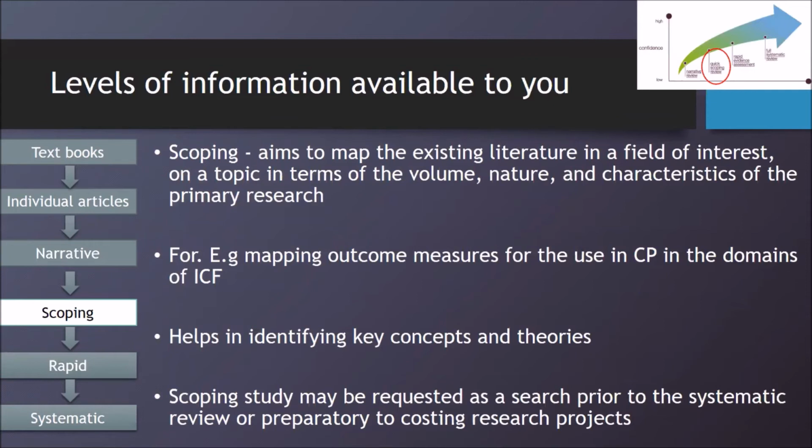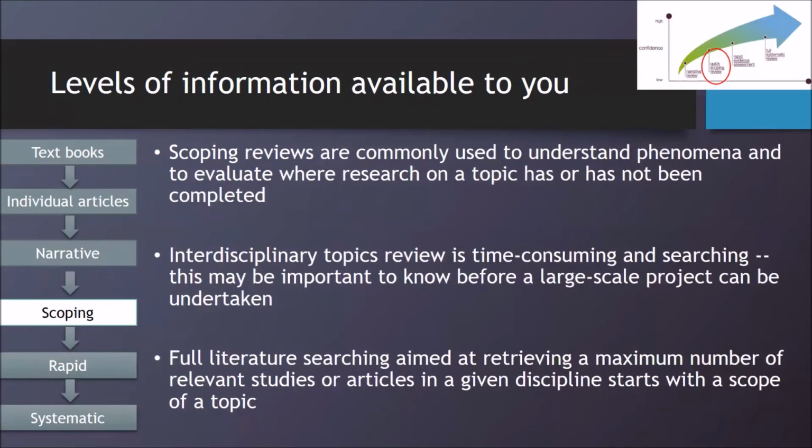So these kinds of reviews help in identification of key concepts and theories, and they may be requested prior to a big systematic review, and they help in preparing the costing for big research projects. Now, scoping reviews are, excuse me, commonly used to understand phenomena and evaluate where research on a topic has or has not been completed.